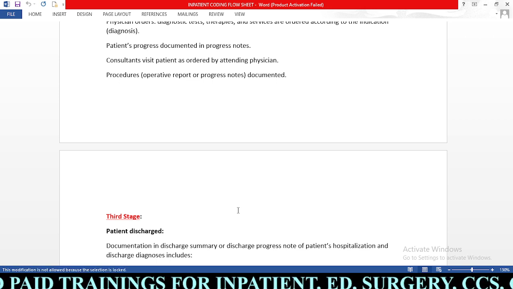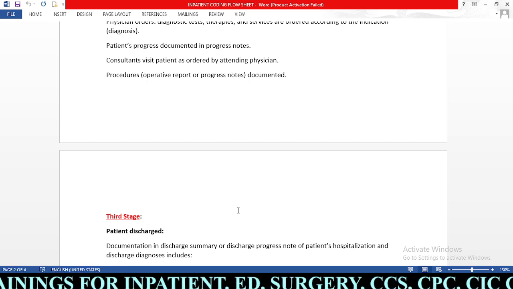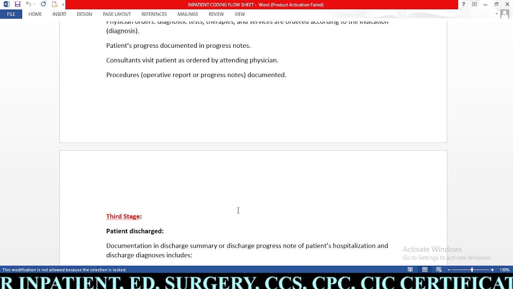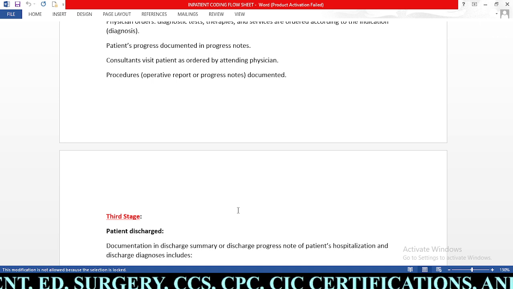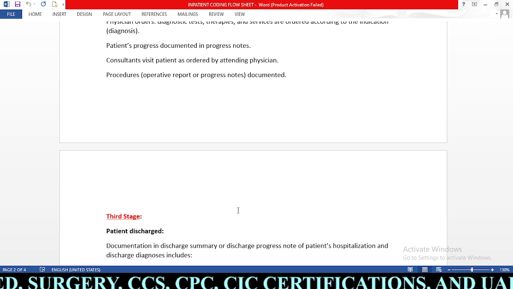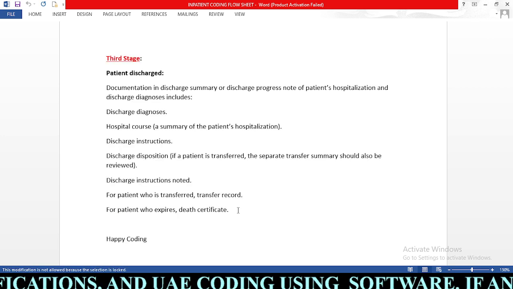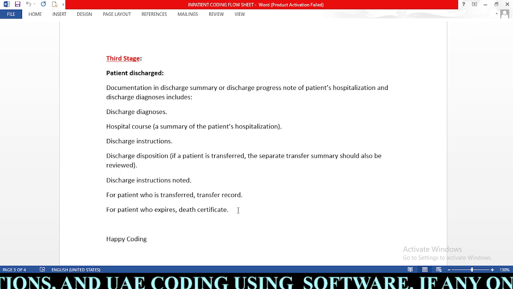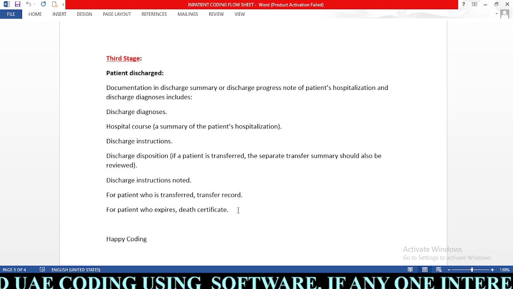Basically, the consultant's visit needs to be ordered by the attending physician, and procedures, operative or progress notes will be documented in the second stage. By the end of the second stage, the patient will have recovered from his condition and will be ready to be discharged.